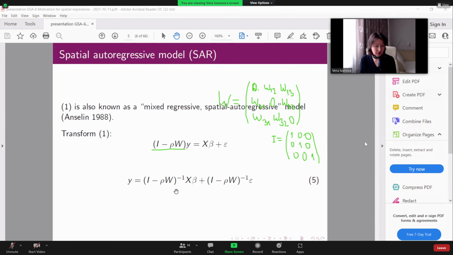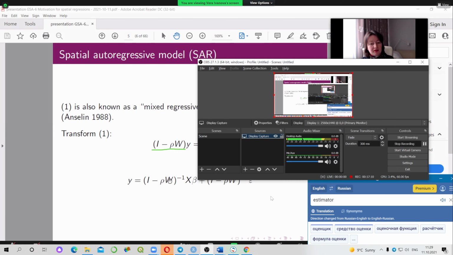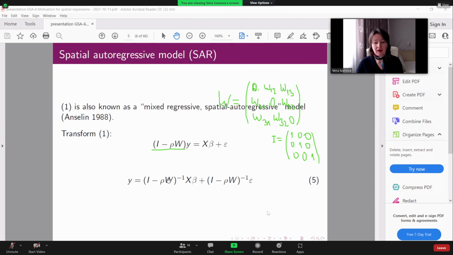То есть появляется множитель, состоящий из пространственных весов. And one of the main problems in spatial regressions is based on this matrix.